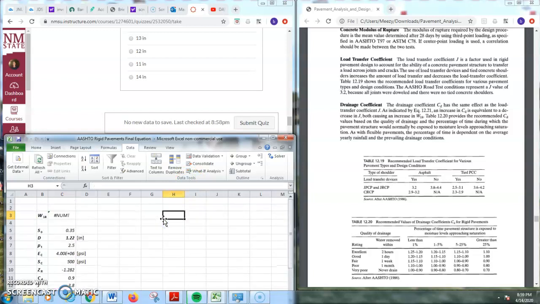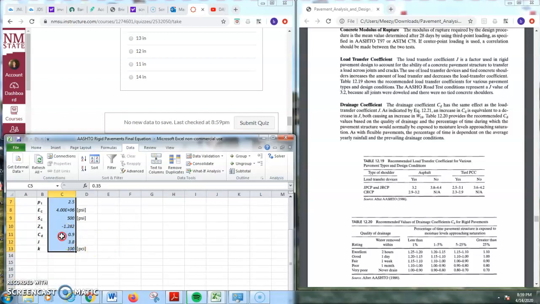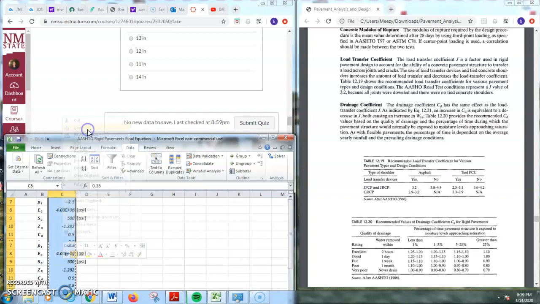Okay, I'm going to try copying these values and putting them into another spreadsheet, reopening the spreadsheet. Copy.